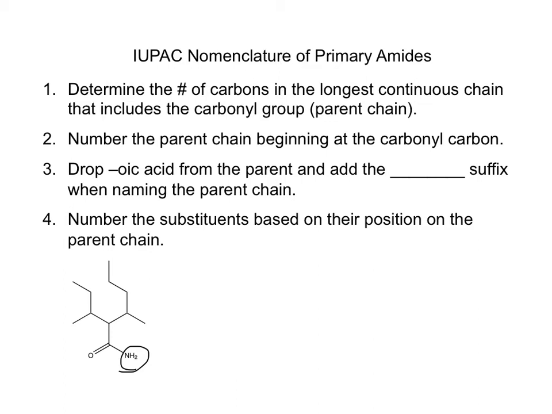We're going to drop now the whole oic acid. Even the O is going to go in this case. So basically it's the number of carbons is all we're going to be indicating, and then we'll be adding the word at the end, amide.